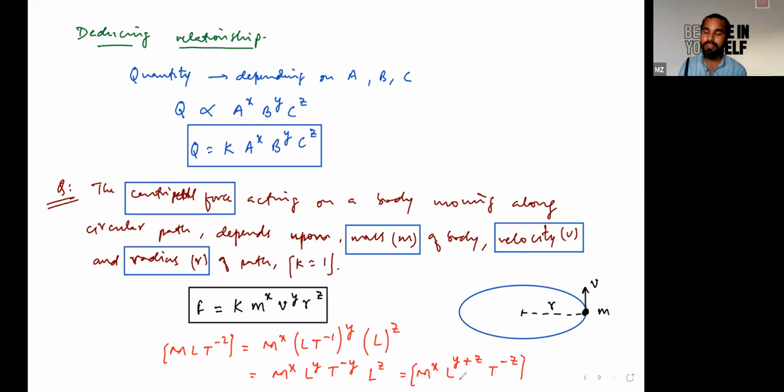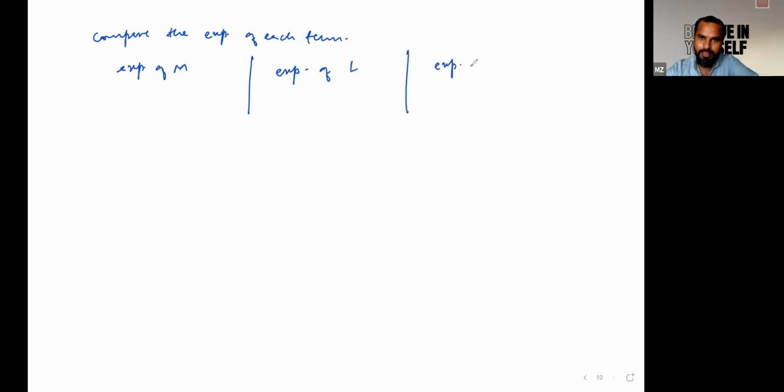On the basis of that, I have just simplified the exponent of each term. Now, according to the principle of homogeneity, if two quantities are related by an equals sign, then the dimensions on the left-hand side and right-hand side should be equal. So for that reason, compare the exponent of each term individually: first for M, second for L, and third for T. For the exponent of M, on the left-hand side we have 1, and on the right-hand side we have x.